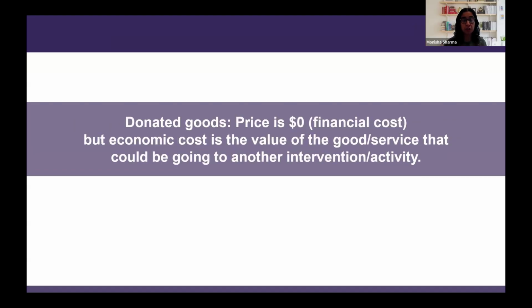And that's because if you have an intervention that has a lot of donated goods, it could look really cheap. The financial cost would be cheap, but you're actually using a lot of resources, and the economic costs help capture that because you're getting the value of everything, and those services could be going to another intervention. So because you're using them for free, it still doesn't mean that there's not some kind of opportunity cost associated with that kind of decision.